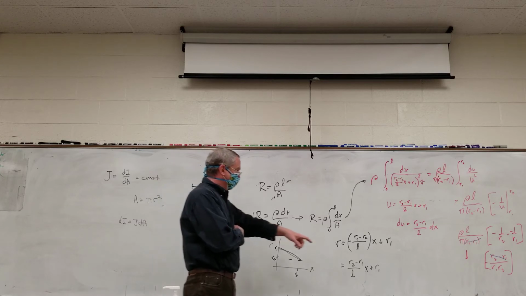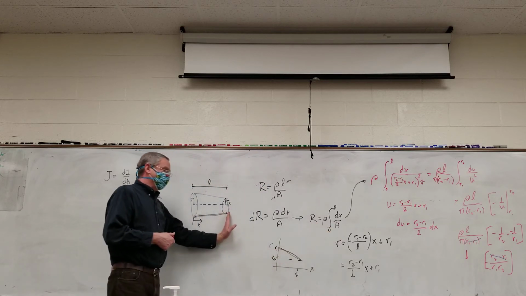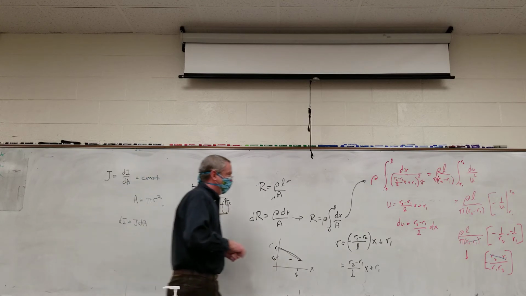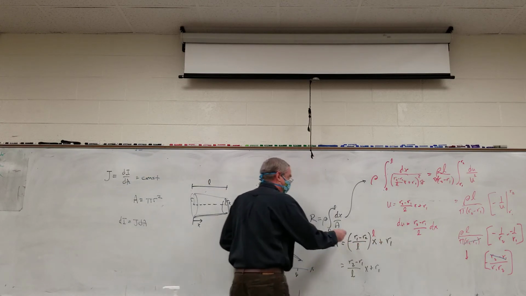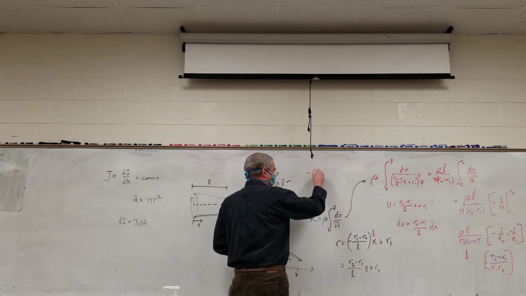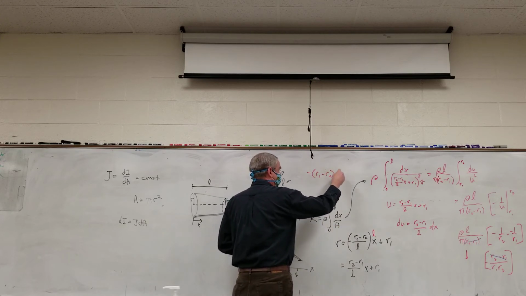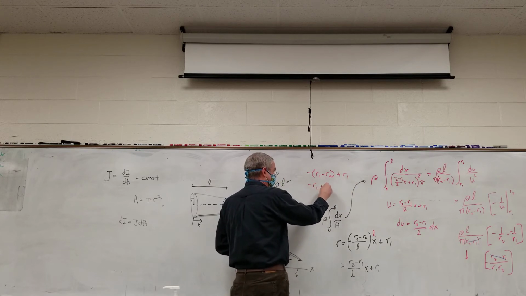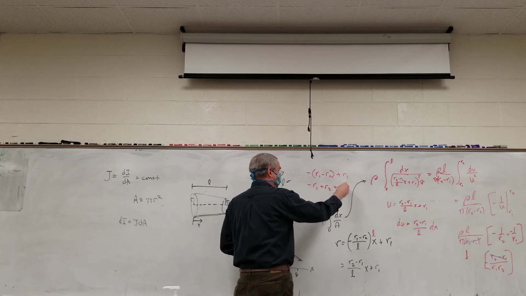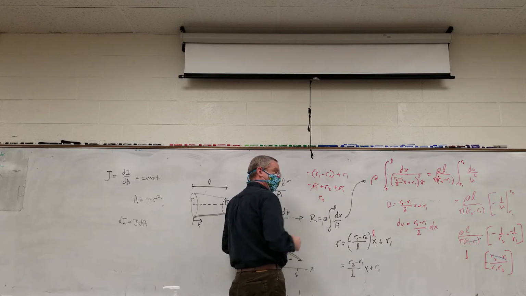All right, but if we stick L in here, so when x is equal to L, the L's will cancel. And what I would claim is we'd have negative R1 minus R2 plus R1, which is negative R1 plus R2 plus R1, and I'm left with R2.